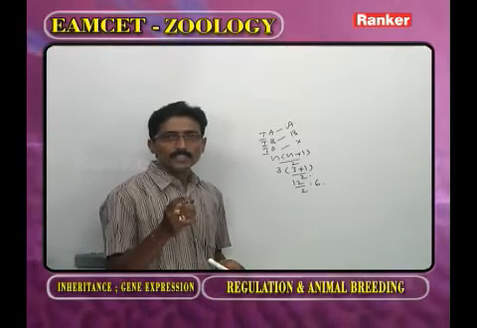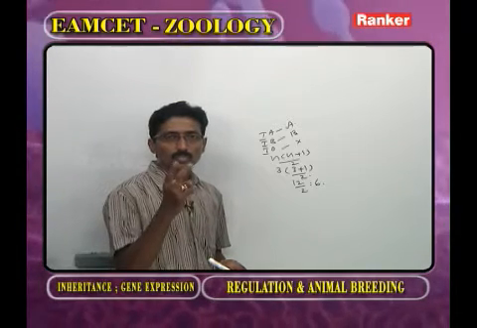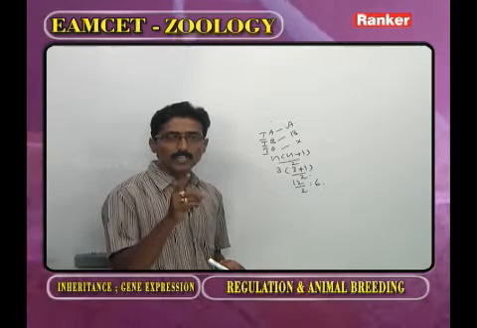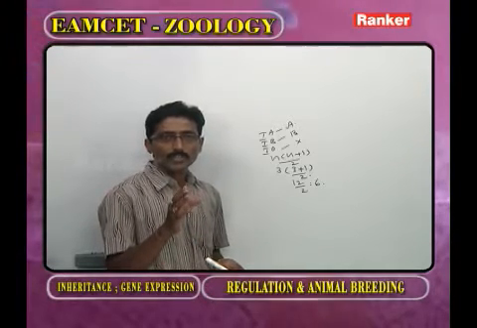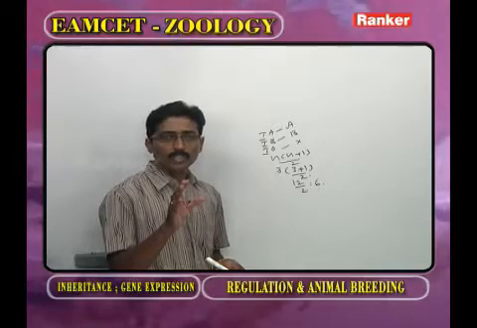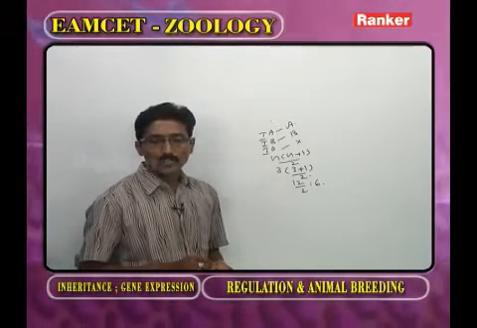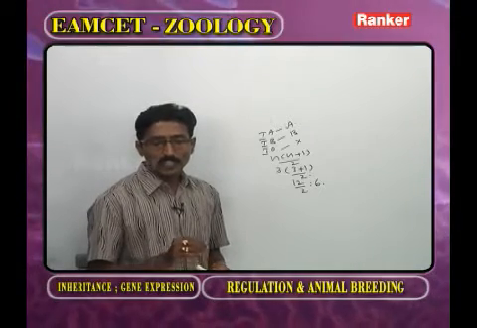B blood group has IBIB and IBIO, 2 genotypes. AB blood group has 1 genotype, IAIB. What about the O blood group? IOIO. Total number of genotypes is 6. So how many genotypes are possible with 3 alleles? 6 genotypes.